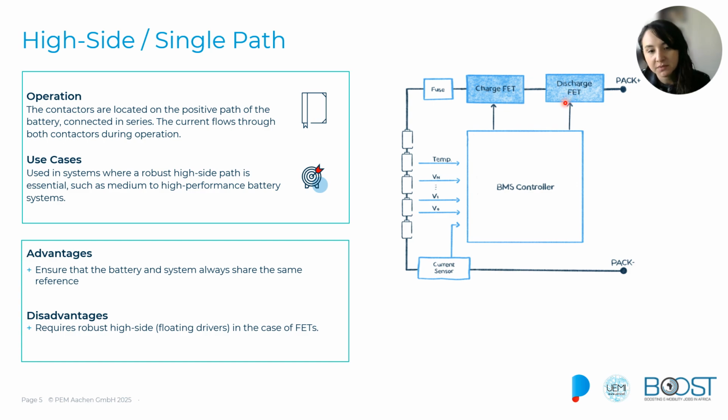However, as was explained before, they require robust high side drivers. These are floating drivers in case we are using FETs. When we are using relays, for instance, it is not such a critical disadvantage.